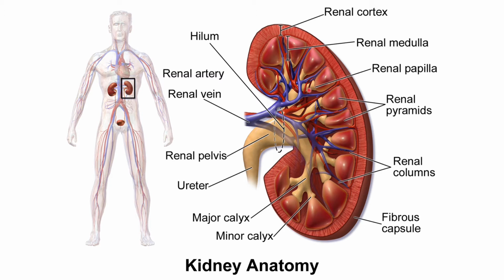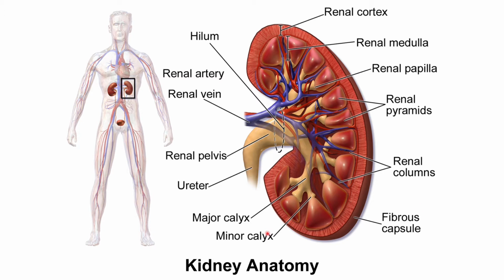Now, urine passes through the major calyces into the renal pelvis. So, this is the renal pelvis, which is a flattened and funnel-shaped structure.